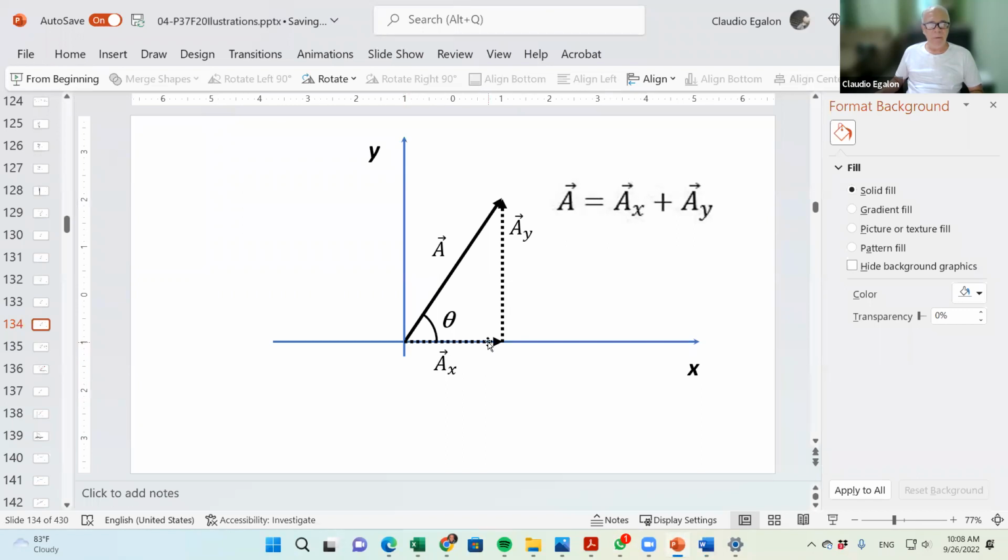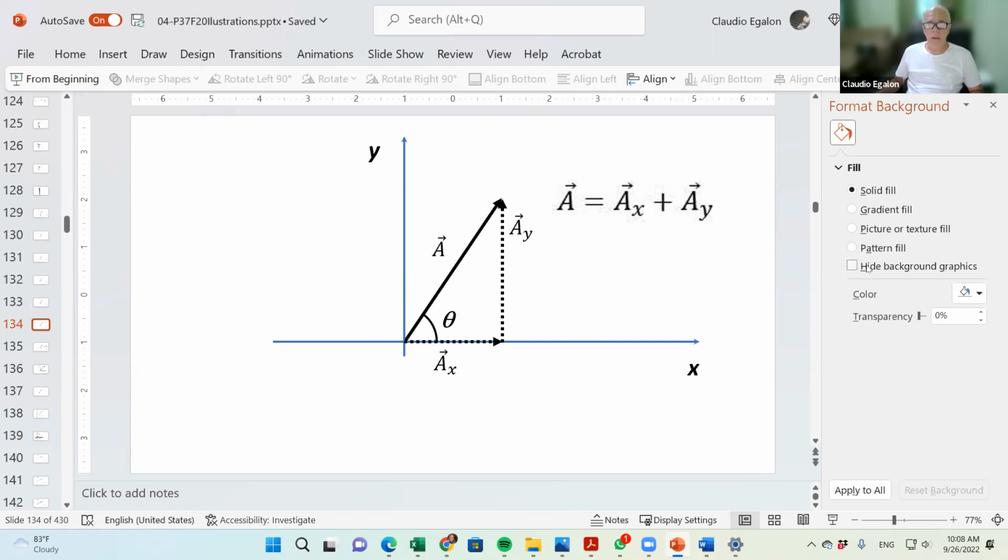See that? Head to tail method, right? The tail of the first vector starts here, and the tail of the second vector is placed at the head of the first, and the sum of those two results in this other vector right here. Okay? So every vector can be broken down in terms of its components.